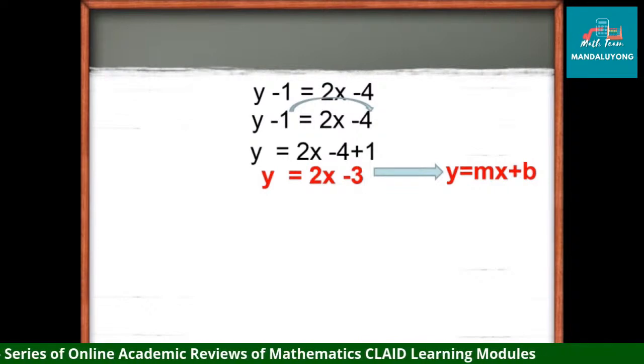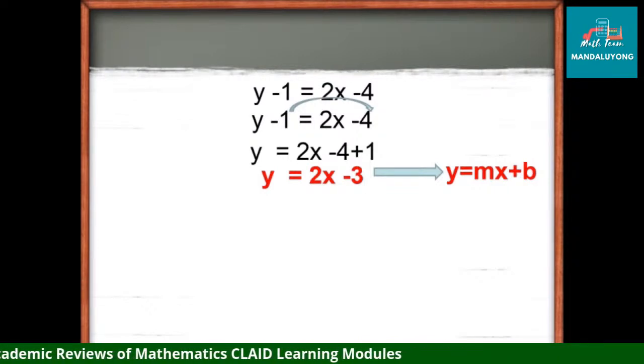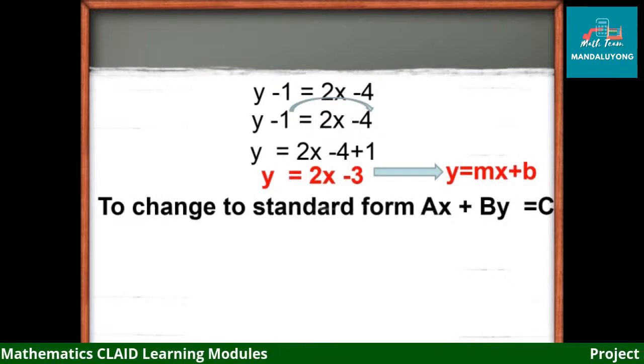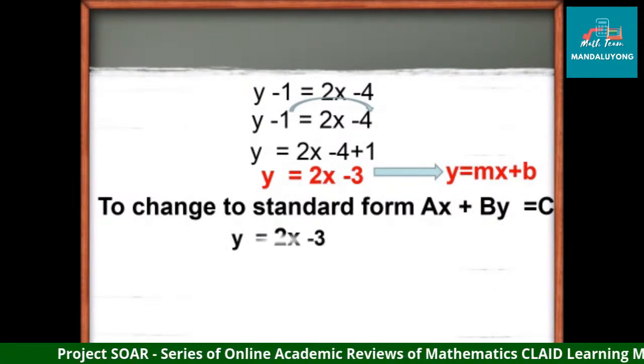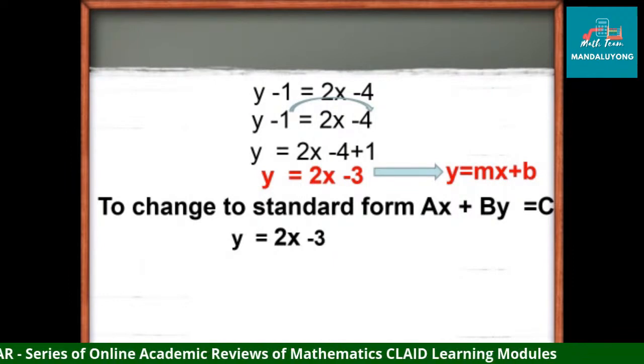We can also write our equation of the line in standard form. To change to standard form, ax plus by equals c, let's go back to our resulting equation a while ago: y equals 2x minus 3.